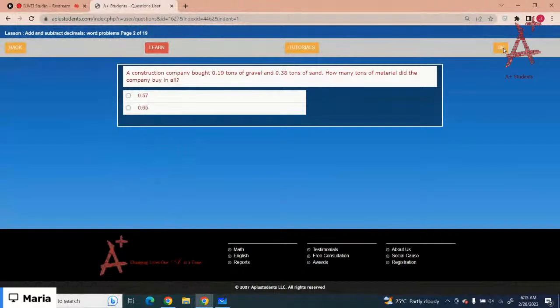Okay, the next one is a construction company bought 0.19 tons of gravel and 0.38 tons of sand. How many tons of material did the company buy in all? So what you have to do, add or subtract?